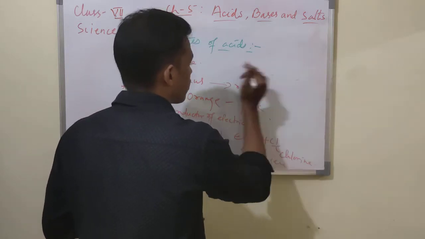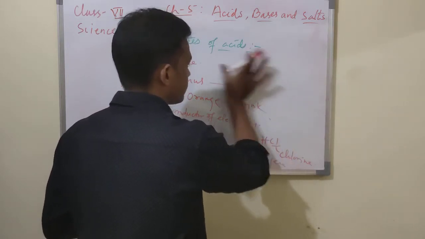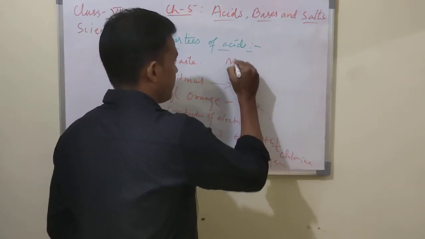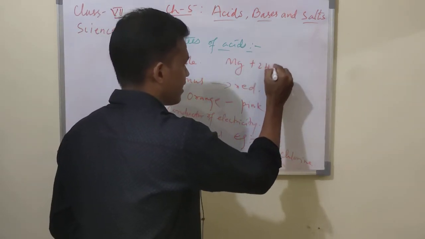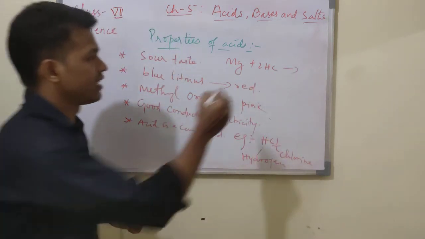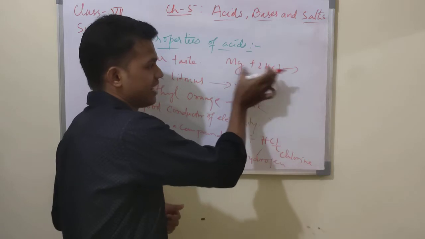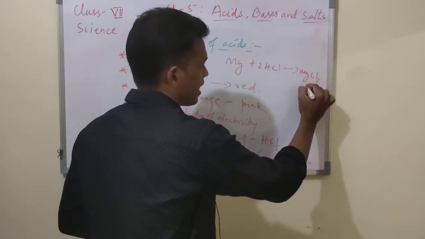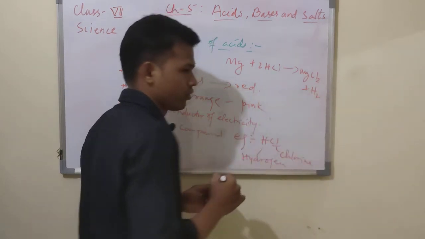For example, if you take magnesium plus 2HCl and add, what happens? MgCl2 plus H2, hydrogen gas, is produced.